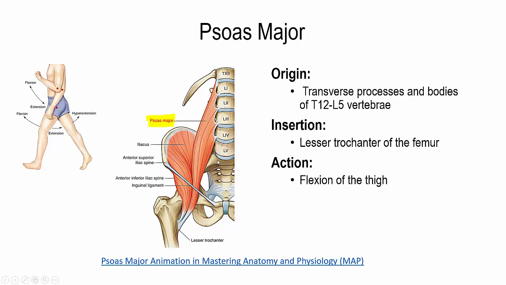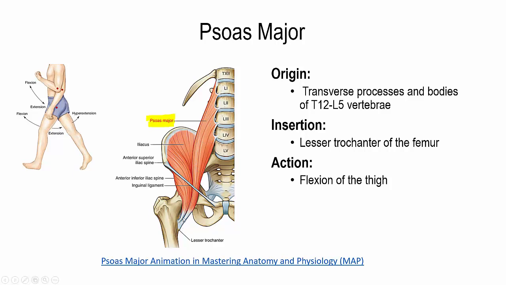The majority of these are lumbar vertebrae, and the origin is the transverse processes and the bodies of T12 through L5 vertebrae. So this is T12, the 12th thoracic vertebra. This is 1, 2, 3, 4, these are 5 lumbar vertebrae. So on the transverse processes and the bodies of these vertebrae, the psoas major is going to originate.